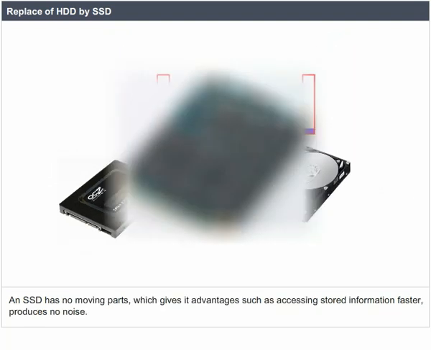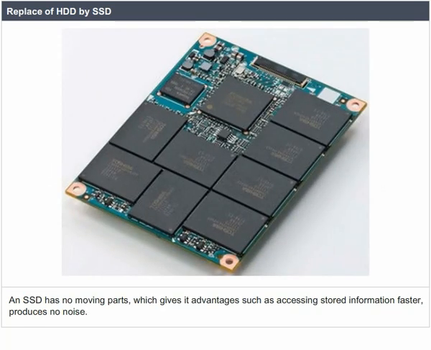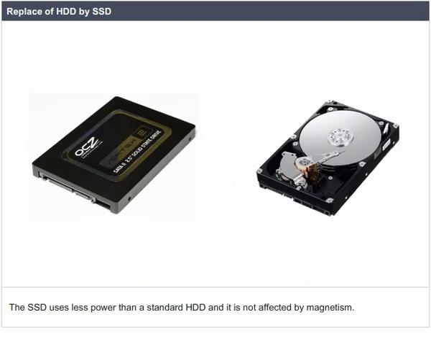An SSD has no moving parts, which gives it advantages such as accessing stored information faster and producing no noise. The SSD uses less power than standard HDD and it is not affected by magnetism.